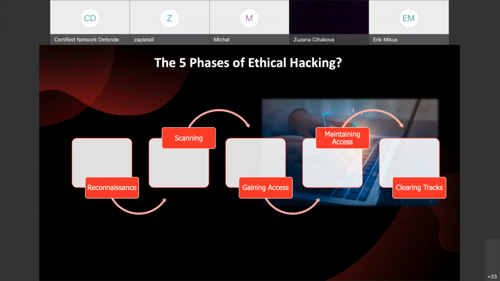Gaining access again uses the vulnerabilities identified in both the reconnaissance and scanning phases to get a foothold within the victim's network. It could be targeting systems, applications, and networks, and generally an attacker will use a variety of tools and methods to gain access and enter that particular system.